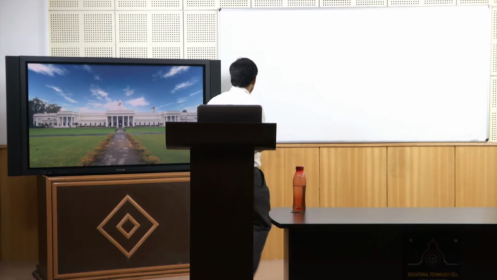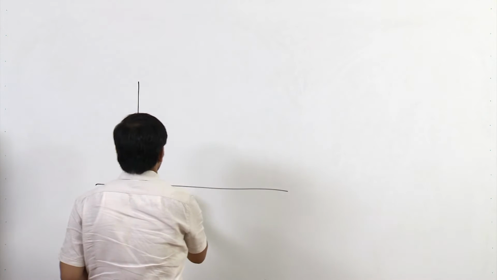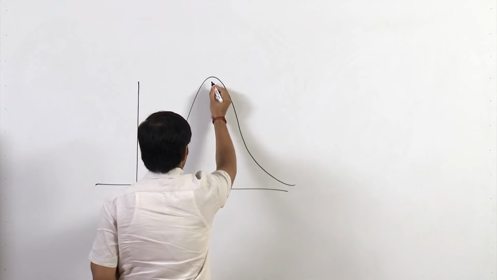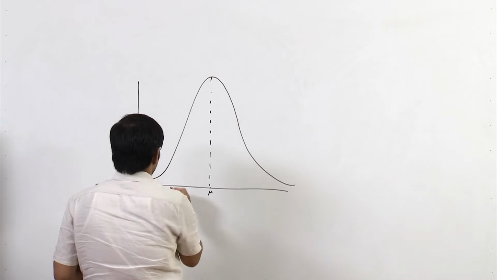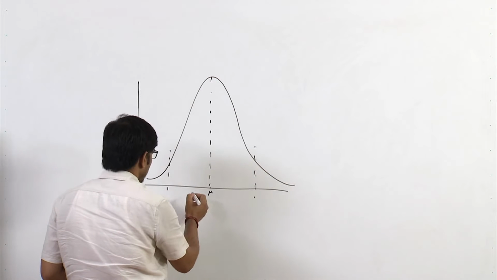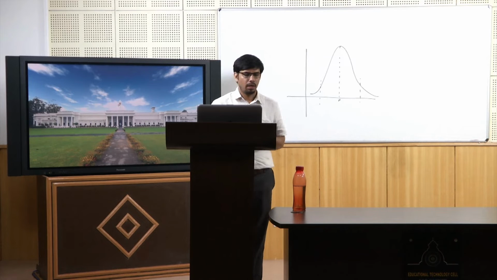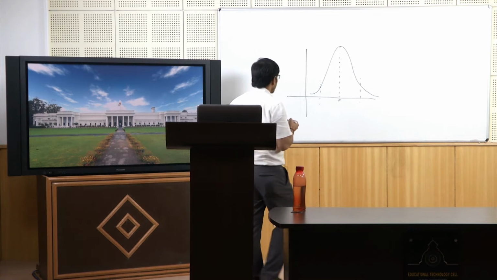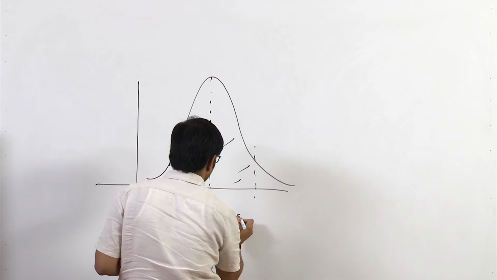So, to get a better understanding, let us look at the normal curve. Let us say for a T value which is far enough from 0, the probability of that particular T value falling within this curve is quite low, let us say 0.05 or less.